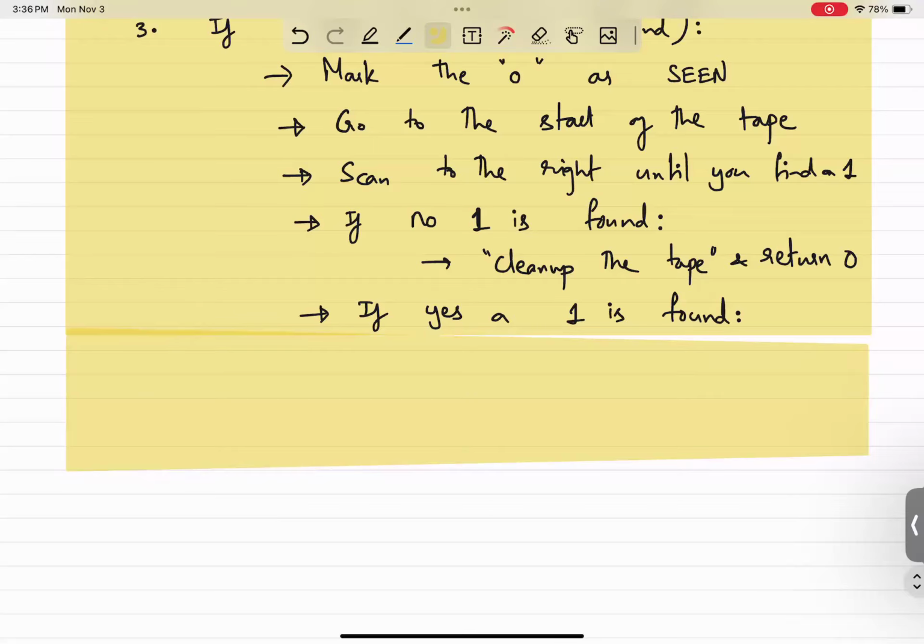If you found a 0 and went to look for a 1, and you found a 1 now, what should you do then? Exactly. We should first mark it as seen so that we don't reuse it later on. Mark the 1 as seen.